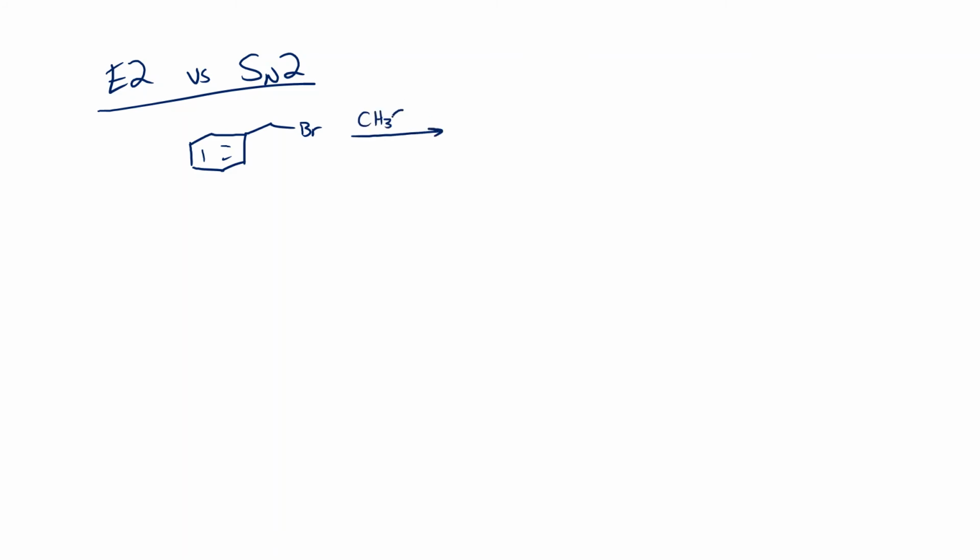Let's do ethoxide. So you have a negatively charged oxygen here. So initially you would think E2. But in this case, our leaving group is attached to this carbon here, and the neighboring carbon has no hydrogens on it. No hydrogens on neighboring carbon. And so it cannot do E2, so it has to do an SN2 process then.